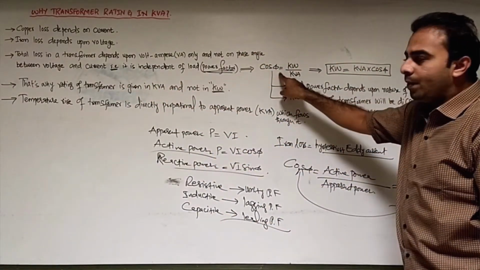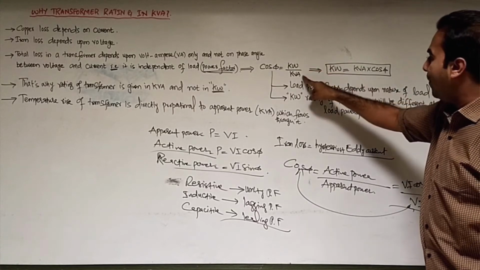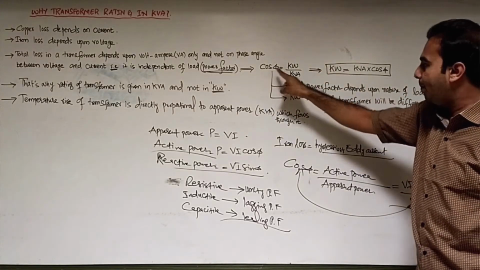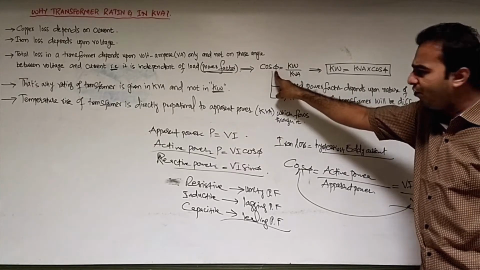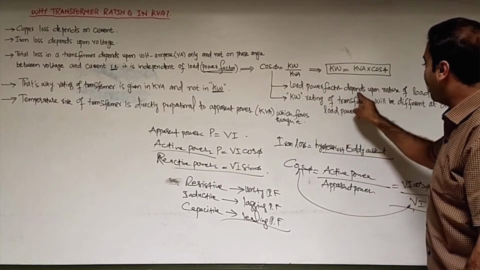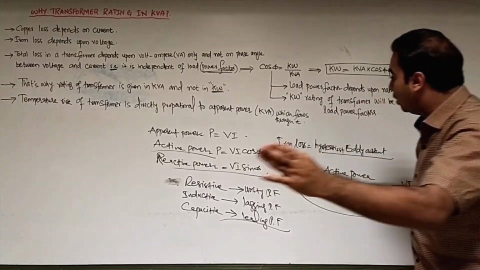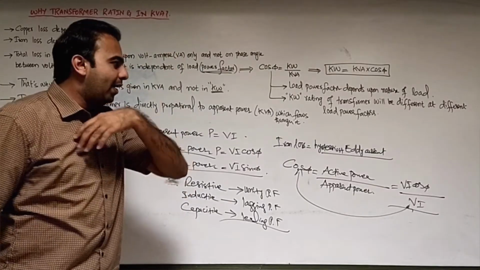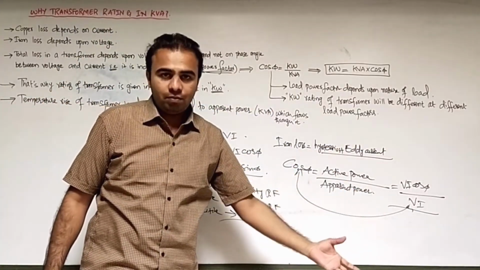Power factor is the ratio of active power over apparent power. So you can cross multiply: apparent power multiplied by power factor gives the active power. The load power factor depends upon the nature of the load, and the kW rating of the transformer will be different at different load power factors.